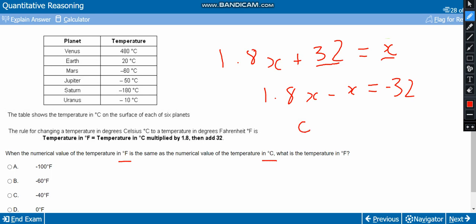And that gives us 0.8x is equal to negative 32. And therefore, in order to calculate what x is, we have to divide each side by 0.8. And we can use the calculator to help us out with that.